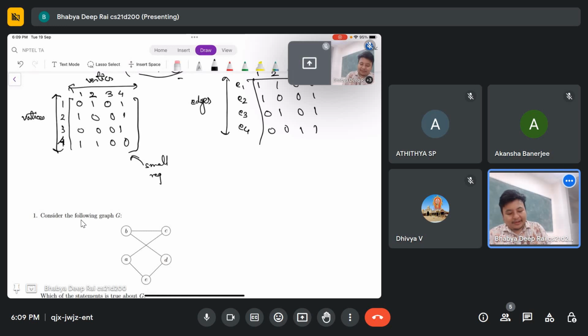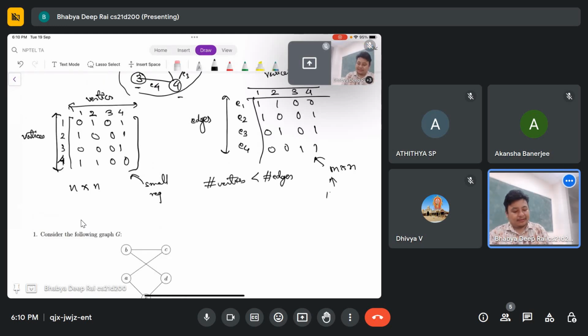Because if the graph is connected, then the number of vertices is less than the number of edges, right? So the size of this is number of vertices times number of vertices, but this one has a size of m cross n, as you can see, because there are m edges.